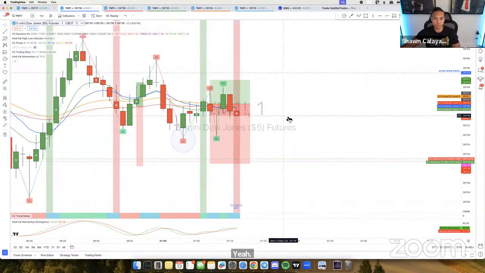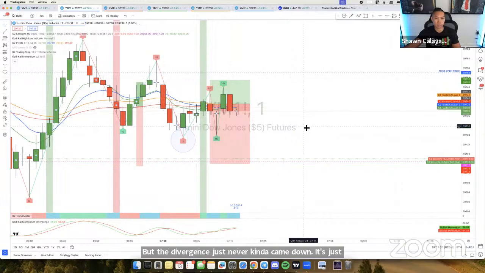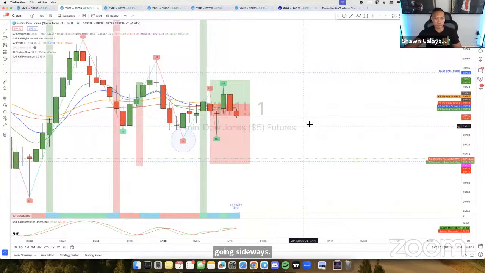The volatility here is just really low. I was looking for the divergence. That was the main thing that I wanted to come up from here, but the divergence just never came down. It's just going sideways. So we'll see where this goes right here.